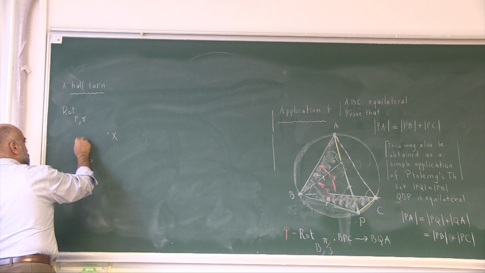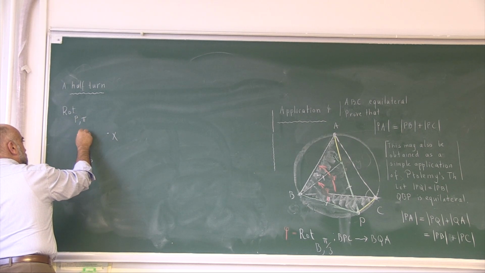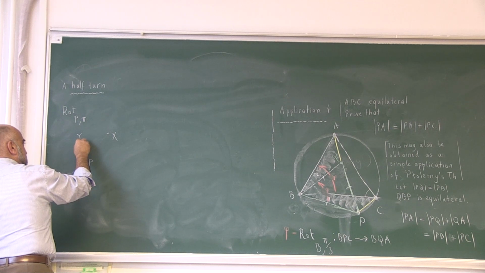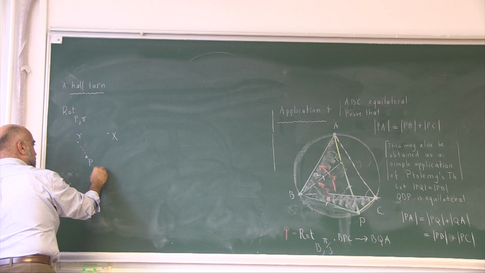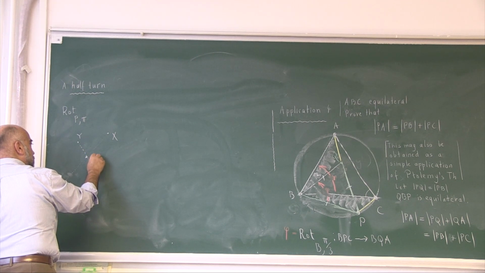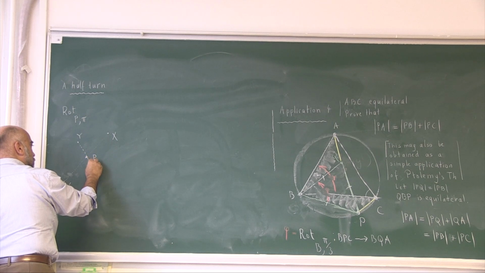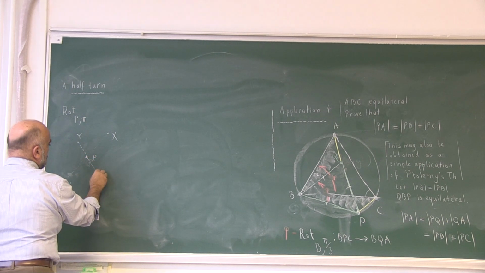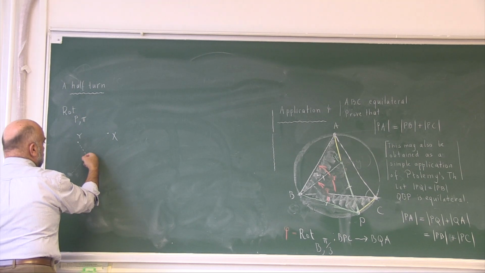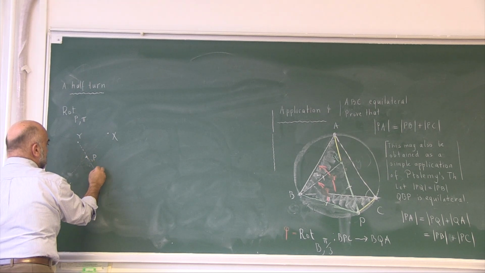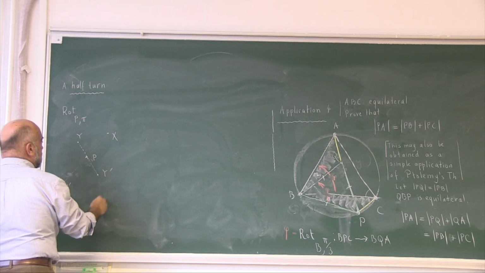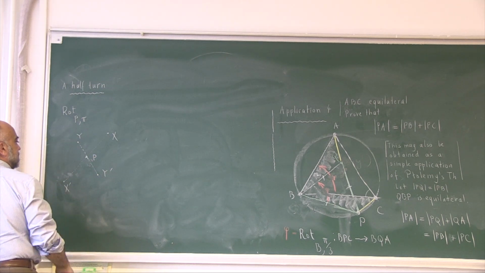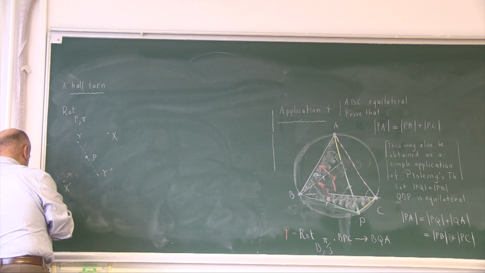So for instance, if you take a point Y, its image under the half turn with center P is obtained by simply joining the point Y to the point P and extending the line segment until you reach a point Y prime, so that P is the midpoint of the line segment YY prime.